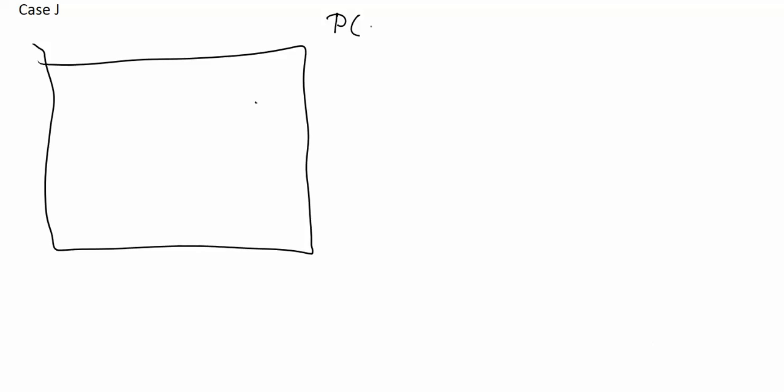The probability of A erupting is equal to 0.1. The probability that B erupts is equal to 0.1. But we were told that the probability of any one going off, given that the other one has gone off, is equal to 0.6.